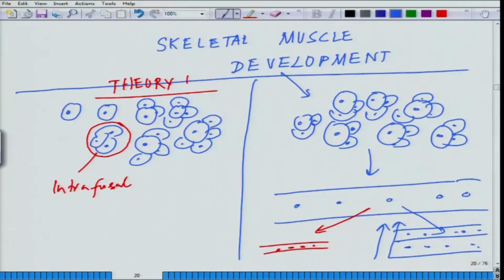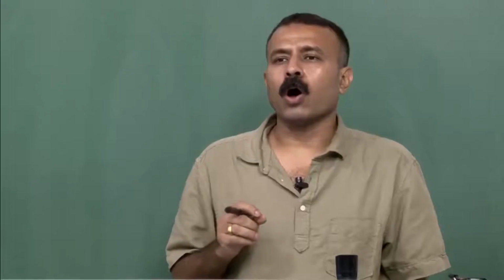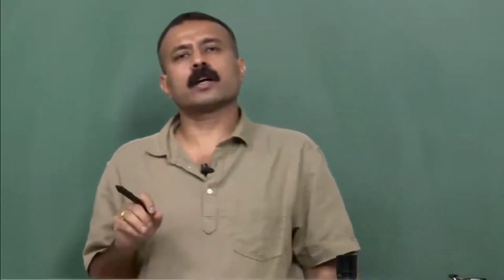So, both these theories are currently there, and there are a lot of studies going on to understand how this process is regulated in development. But for us, what is most important to note is that there are some myotubes or muscle structures which have the ability to sense the change in length, and that is most important for us.